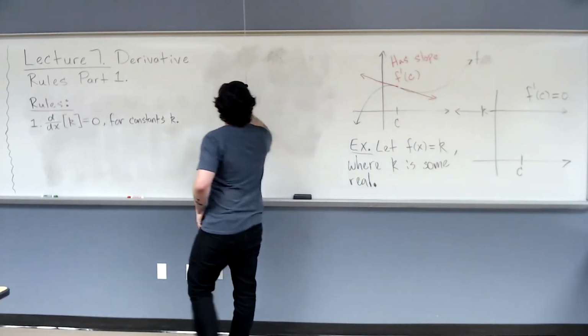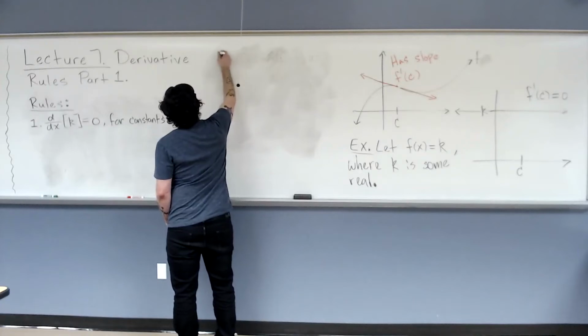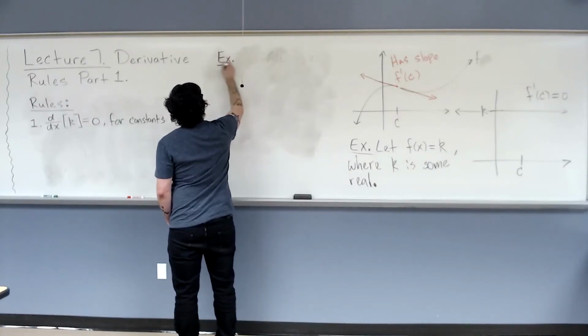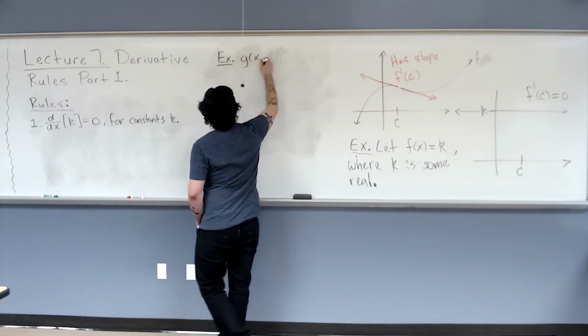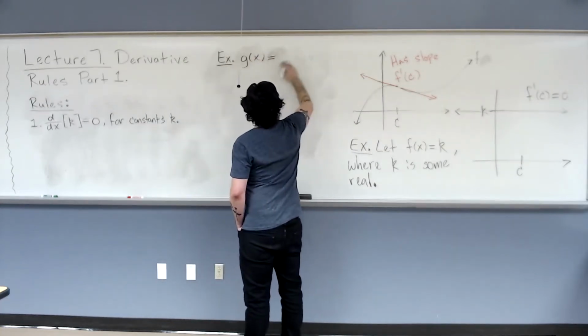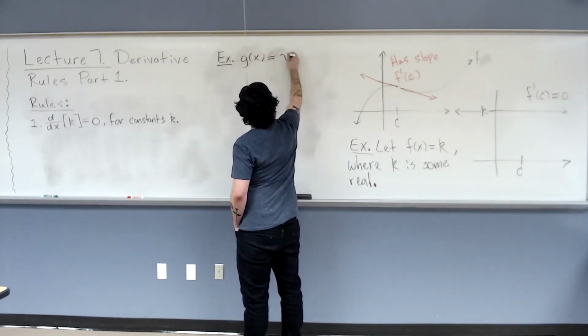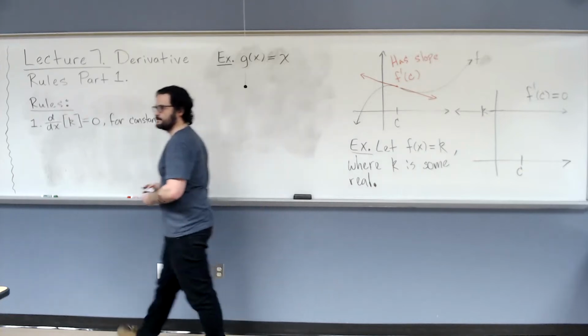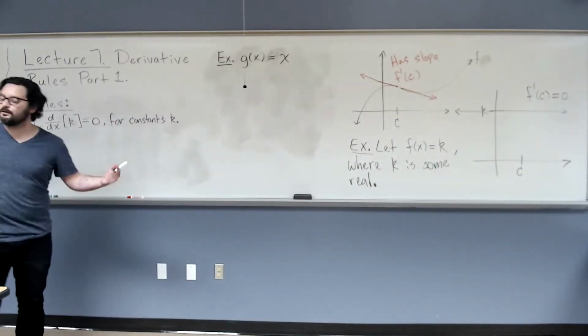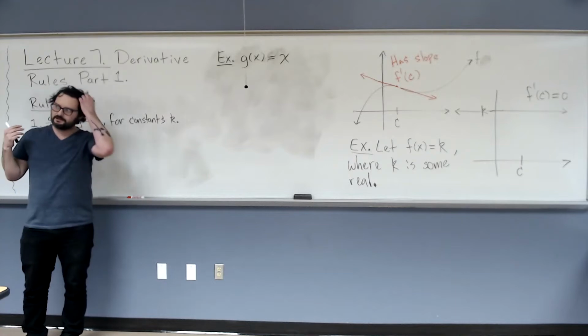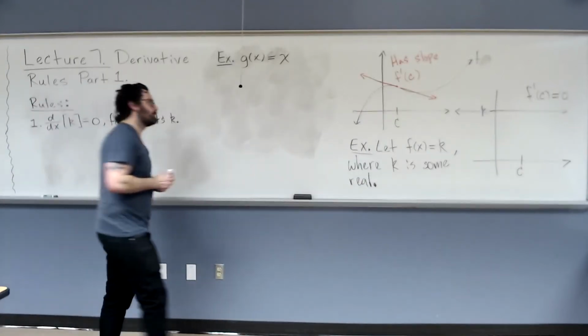So what about this function? Maybe I'll call it g this time. So g of x is equal to x. Okay, so hopefully all of you know what this is. It's a line passing through the origin, right?